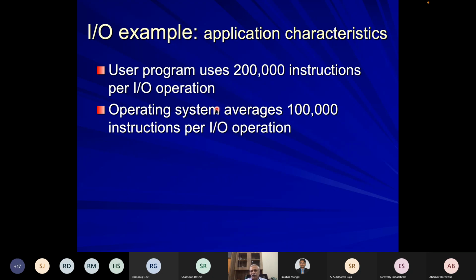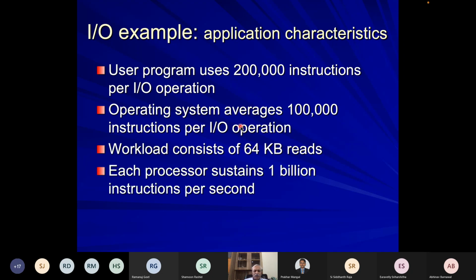This involves basically initiating the process and then looking at the final result. So on the whole, so many instructions are executed to carry out the operation. The workload consists of 64 kilobytes of data to be read from disk drives. Okay, so when we say one IO operation, it means reading 64 kilobytes from some disk and putting it in memory.